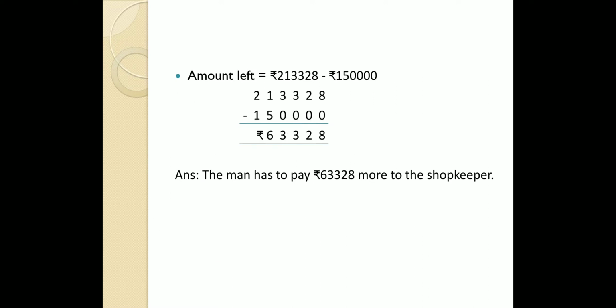So the amount left is rupees 2,13,328 minus 1,50,000. The answer which we are getting is 63,328. So this way you have to solve your word problems. You can note down these problems in your classwork copy also.